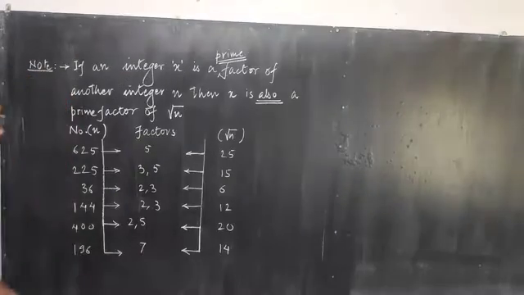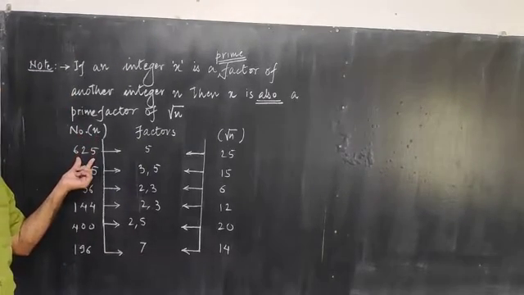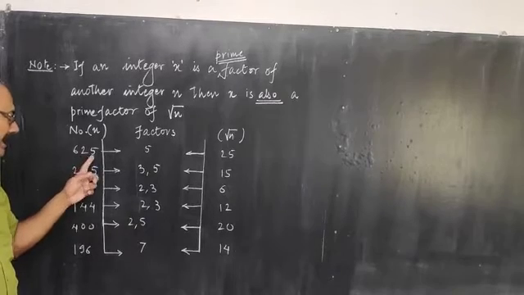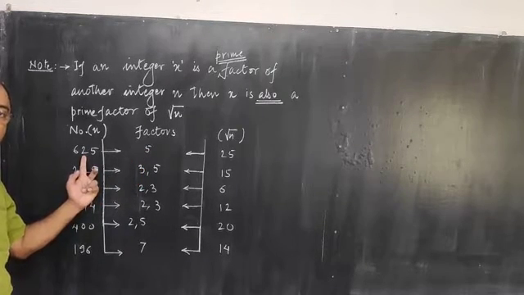Let us observe. Okay? Let me say that the number is 625. We know that 5 is a factor of 625.